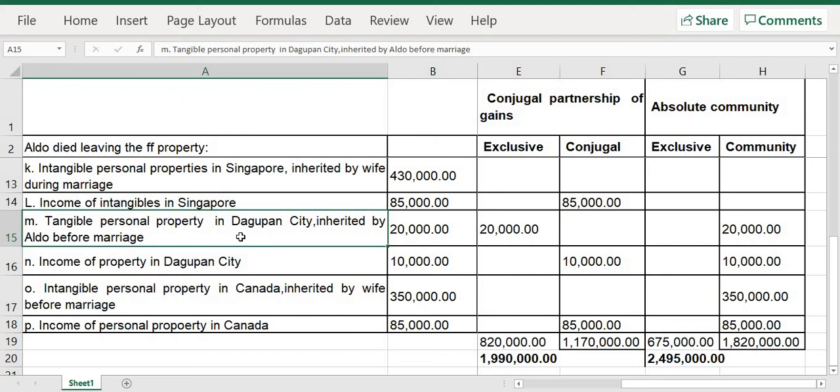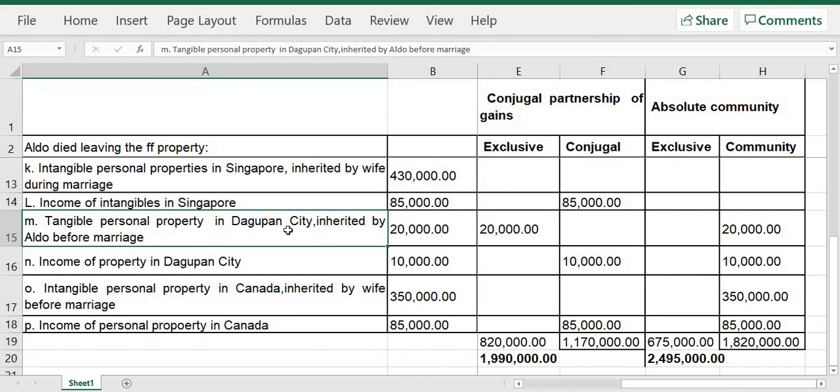Tangible personal property in Dagupan City inherited by Aldo before marriage. So merong inheritance si Aldo before marriage. Tangible personal property. That's 20,000. Okay? So, lahat ng inheritance, before marriage, or lahat ng properties, under conjugal partnership of gains, lahat ng properties before marriage is exclusive property yan.